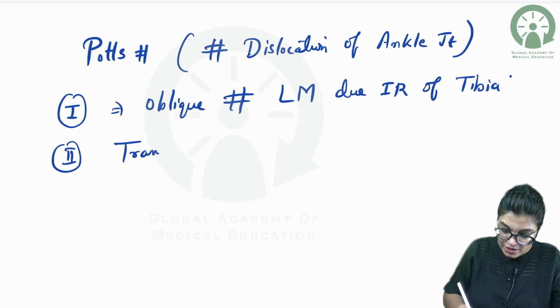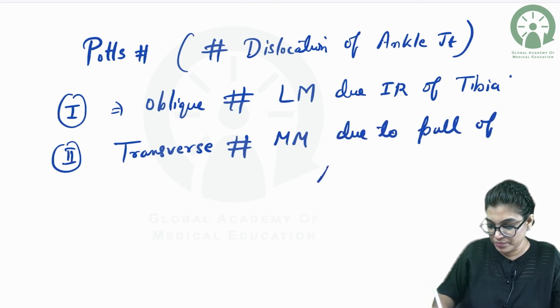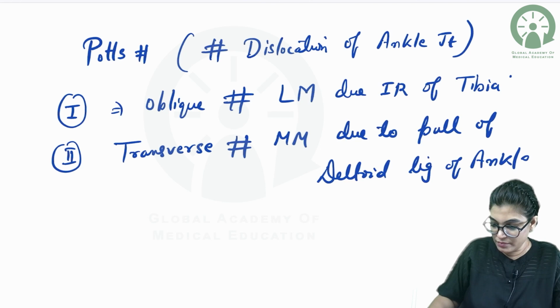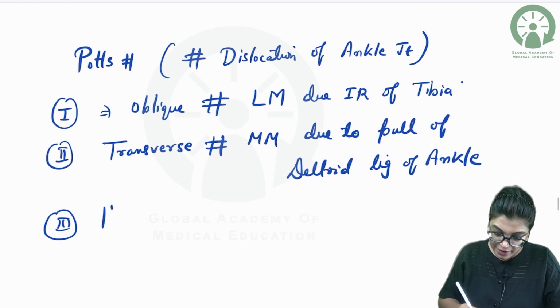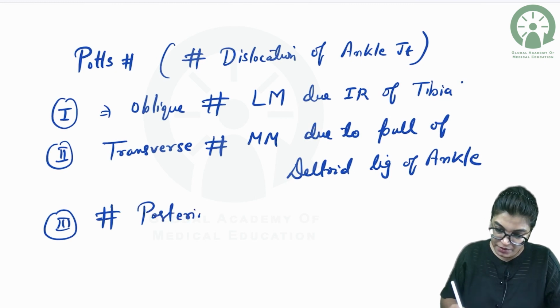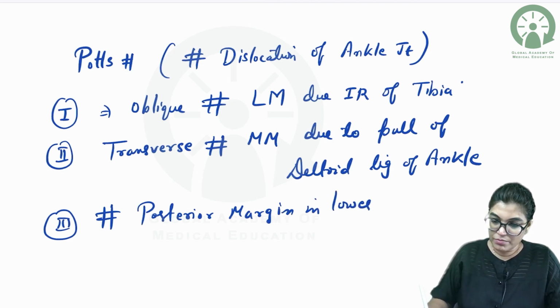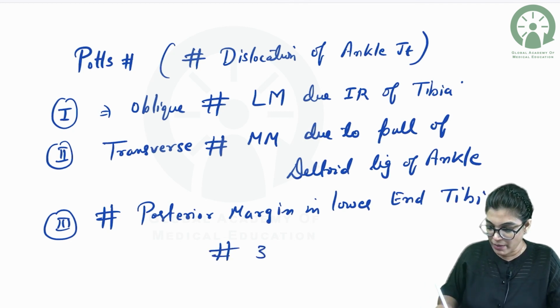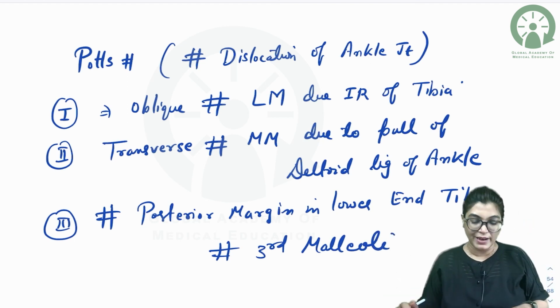In the second stage, there is transverse fracture of medial malleolus due to pull of the deltoid ligament of ankle. The third fracture is when it becomes trimalleolar: there is fracture of the posterior margin in the lower end of the tibia, causing the fracture of the third malleolus, and thus the bimalleolar Pott's fracture becomes a trimalleolar fracture.